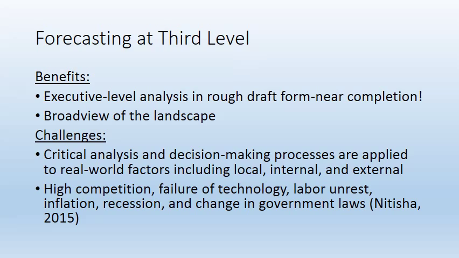These may include such factors as high competition, failure of technology, labor unrest, inflation, recession, and changing government laws. At this point, all the information, research, and data analyzed are synthesized into a concrete plan.